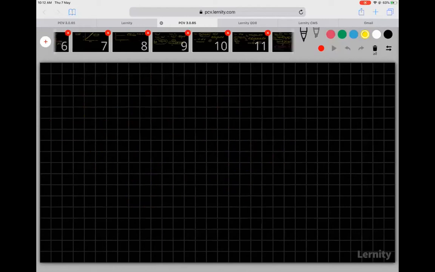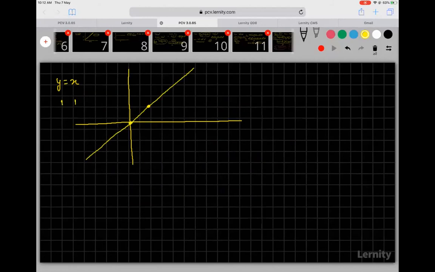Suppose I ask you to draw the graph for the function y is equal to x. Then how will it look? It will look like this. If x is equal to 1, y is equal to 1, so mark that point. If x is 0, y is 0, mark that point. So you need 2 points to draw. So draw a straight line. This is a linear graph.